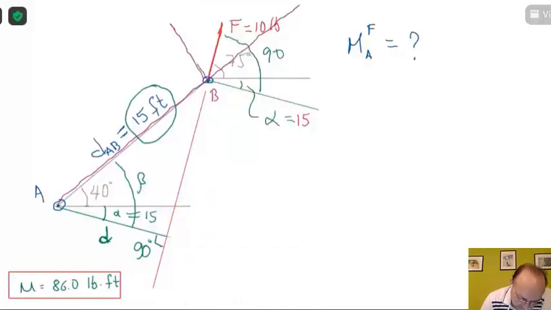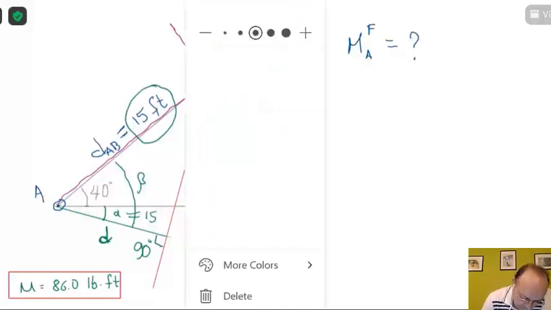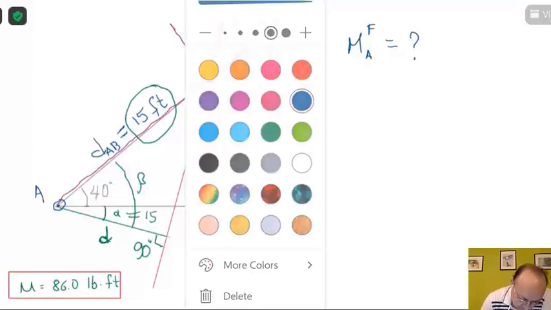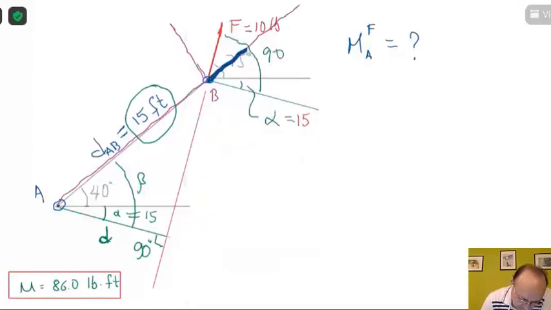So do I have this component here, even thicker, maybe better, this component right here, and this component right here.